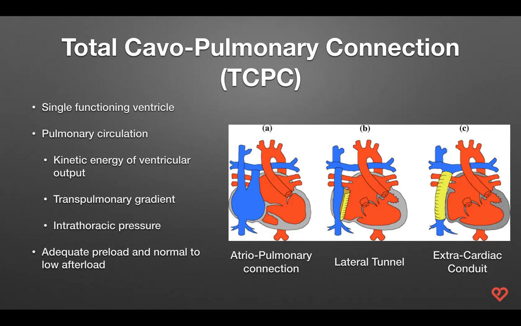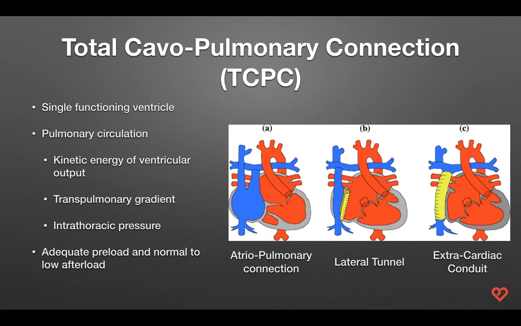Now, going to the physiology of this and understanding pregnancy, this is a single functioning ventricle. Your pulmonary circulation, how does blood get there? It's determined by the contractility of your ventricle, so that single ventricle that we have, how well it contracts and the kinetic energy from that. It's based on the transpulmonary gradient and then the intrathoracic pressure.